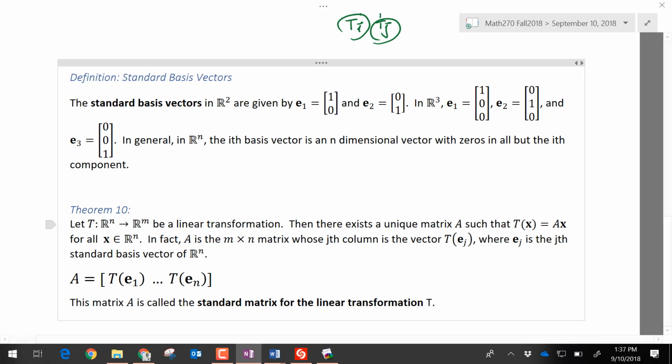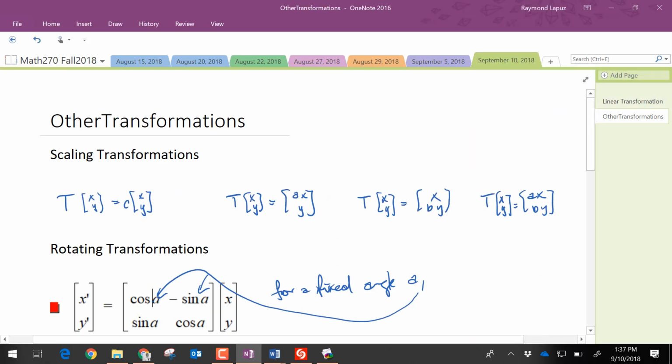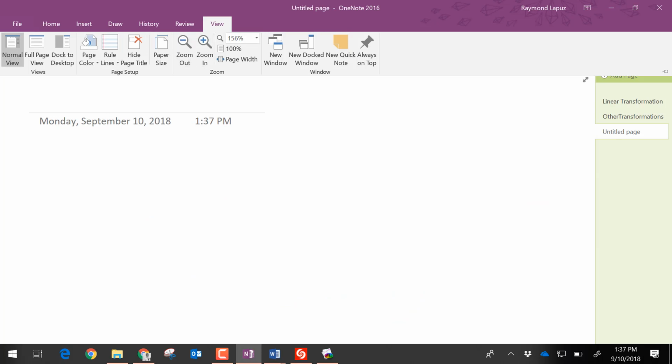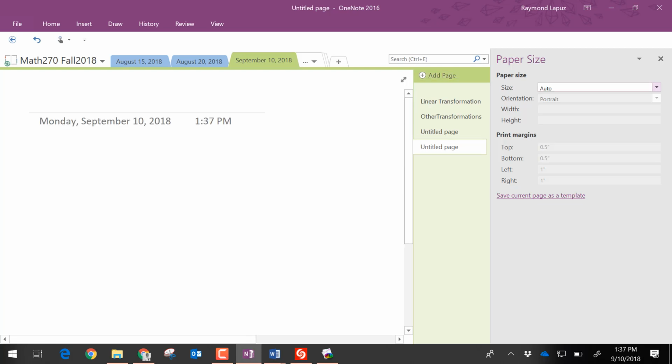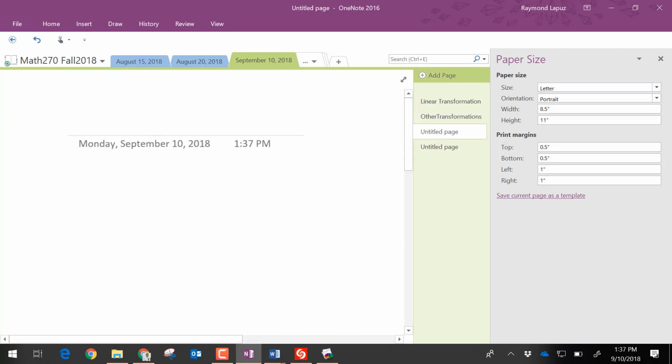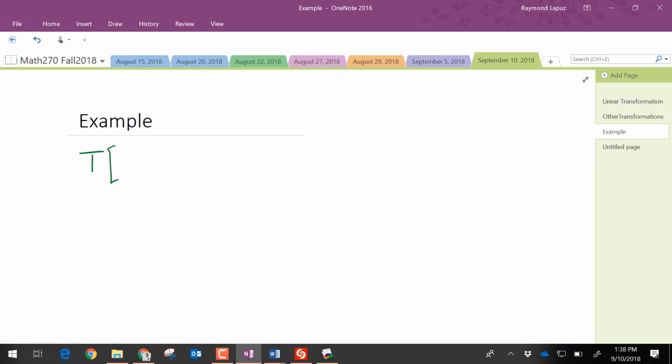Well, let's see if I can make one up. Let's make up a transformation that goes from R3 to, I don't know, R5 or something.